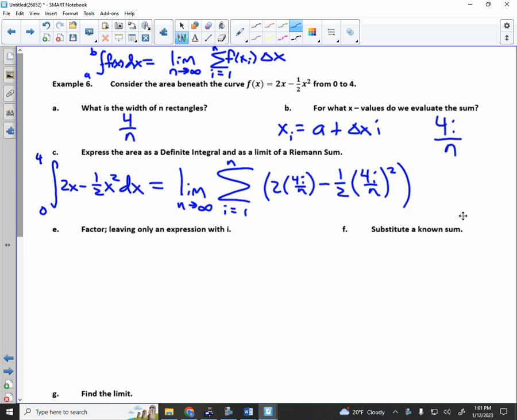And I'm going to end a parenthesis because it's all of this times your width. A mistake that people make is they don't put the width times everything. Everybody okay with that? That's going to be a little bit more work than our previous one, isn't it?